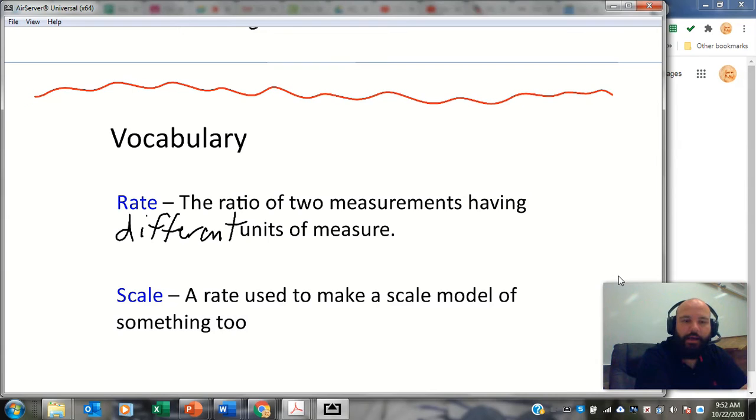Now, a scale is a rate used to make a scale model of something too. An example of a scale would be if you've ever done modeling or if you've looked at a map on Google Earth, for instance.